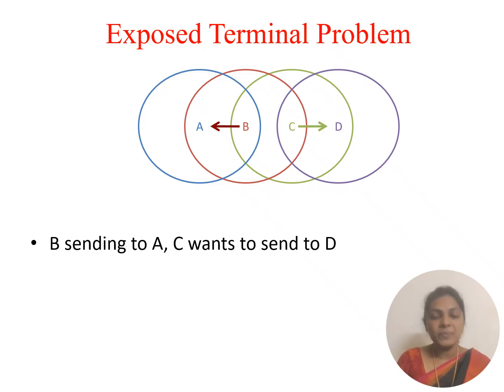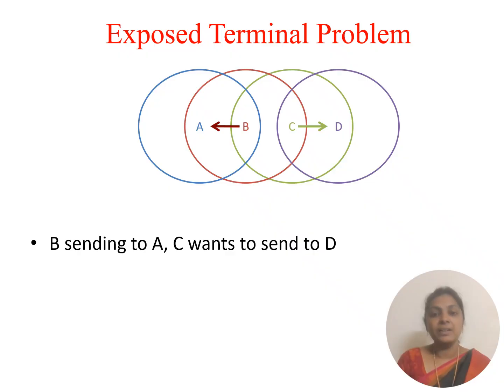So it stops sending its data transmission towards D. But actually it is not a problem, since the coverage range of B is known to C. Since the coverage range of B is exposed to C, it wrongly understands that it is not able to send to D. Station C will think that B is trying to send to C. That is the greatest problem.